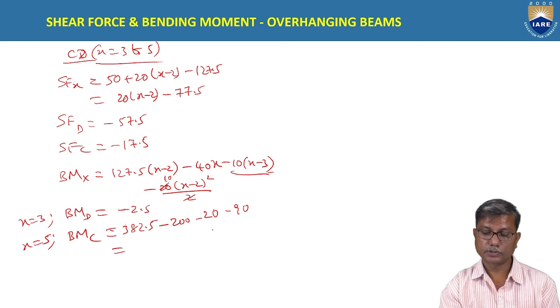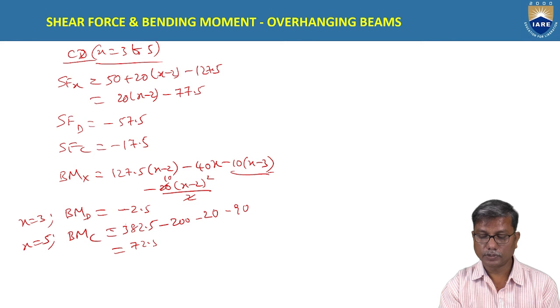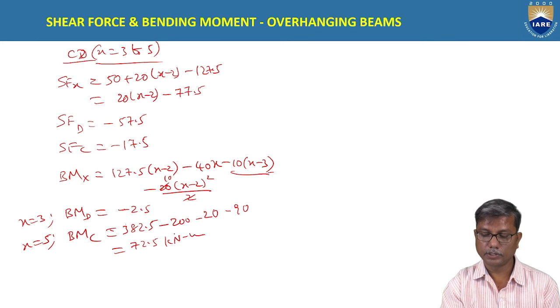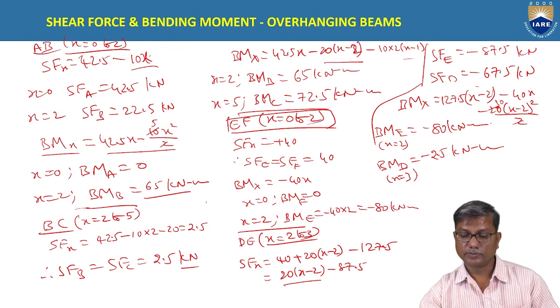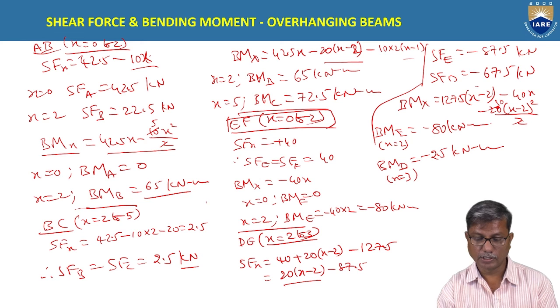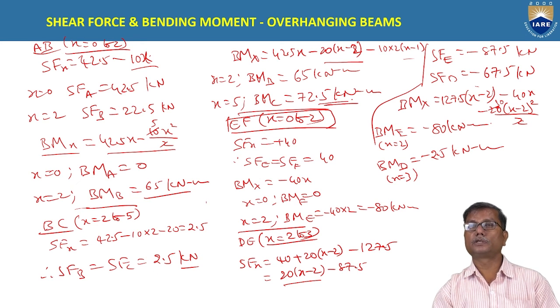So this becomes 310. So it is 72.5 kilonewton meters. Already we have seen bending moment at C is 72.5.